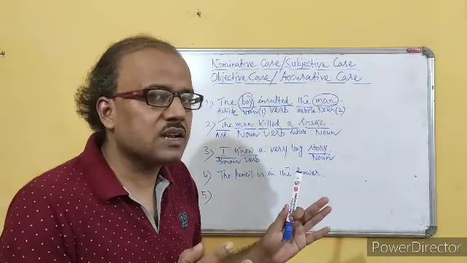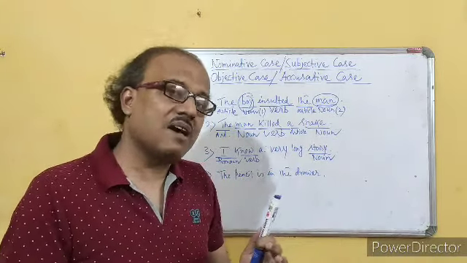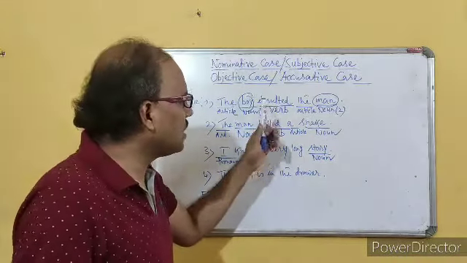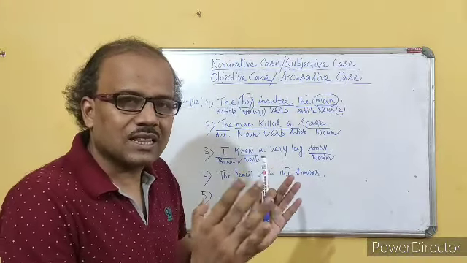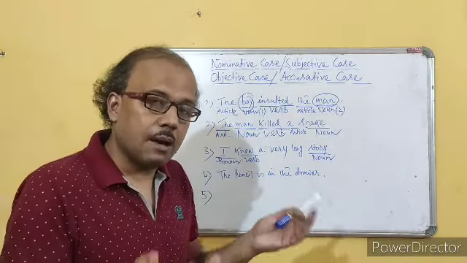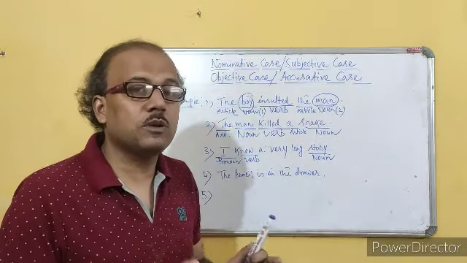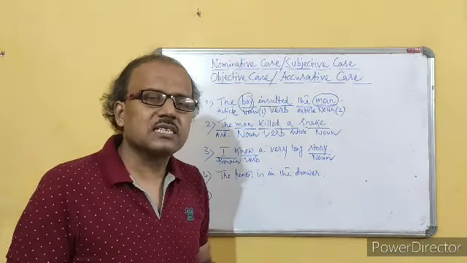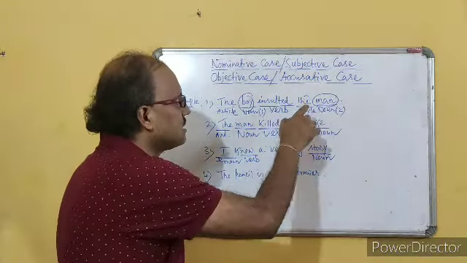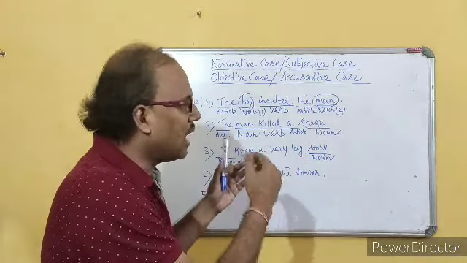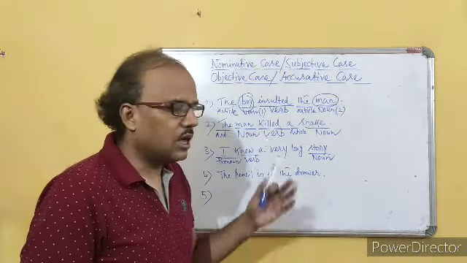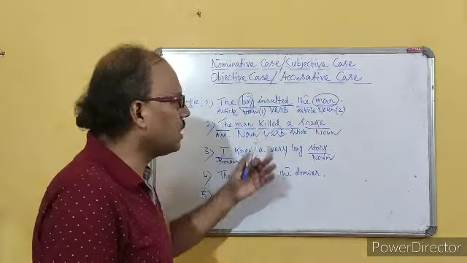I haven't used two different sentences for two different cases, but I have consolidated it in one sentence to show you how you can find from one sentence the two different cases. I didn't take two separate sentences, because that would be more complicated. So to simplify it, to make it simpler, I have used just one sentence. In one sentence I have shown you how you can find one nominative case or subjective case and one objective case.